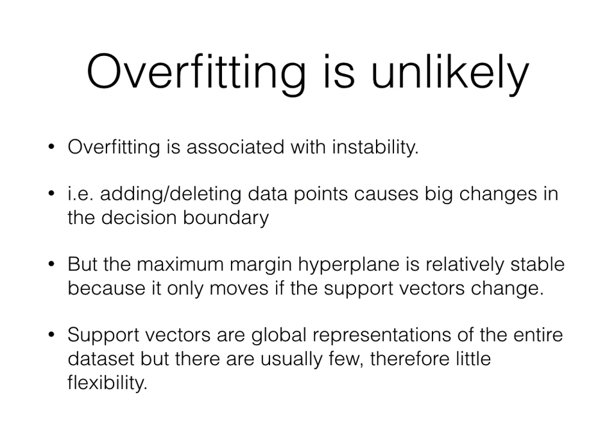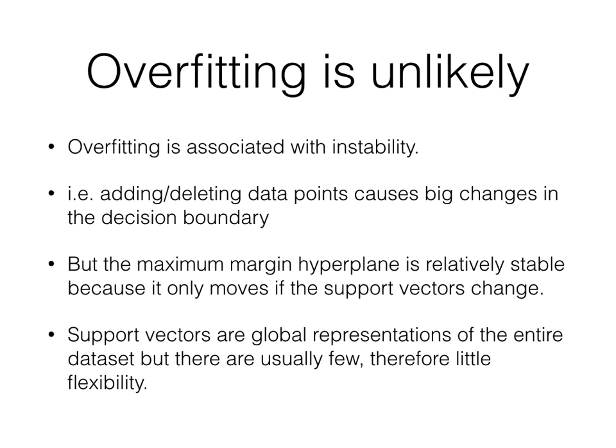Overfitting is unlikely. Overfitting is associated with instability of the classifier, i.e. if we add or delete data points, that causes big changes in the decision boundary. So we know that that's variance: a large part of the error is caused by the variance. But the maximum margin hyperplane is relatively stable because it only moves if the support vectors change. It doesn't care about many data points, it only cares about the support vectors.